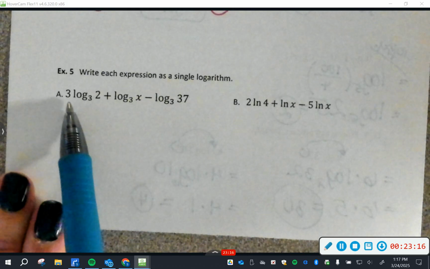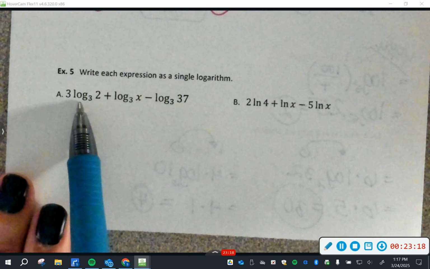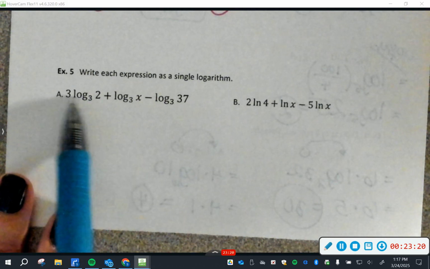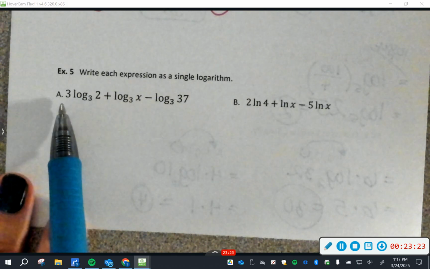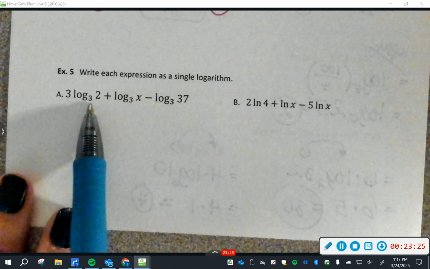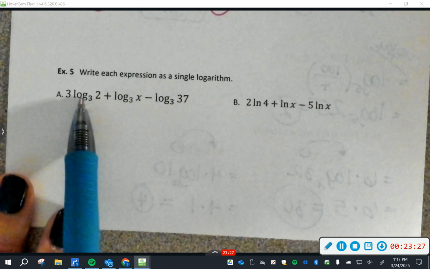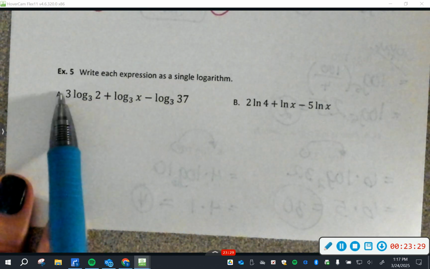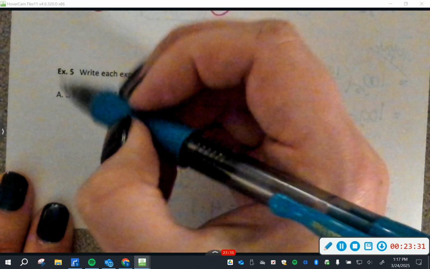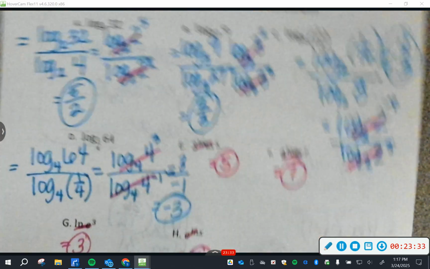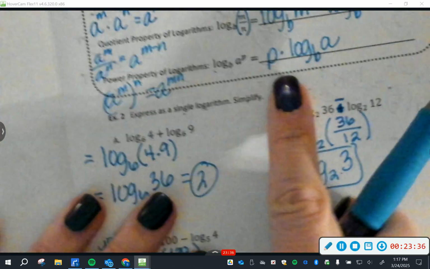So see how I have this 3 in front of the log? These don't cancel because this is 3 times a log. It only cancels if I'm taking a log base 3 of 3. So nothing cancels here. But if there's a number in front of the log, that is this property.